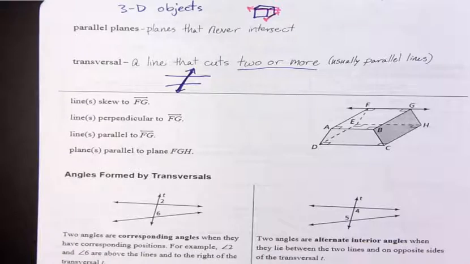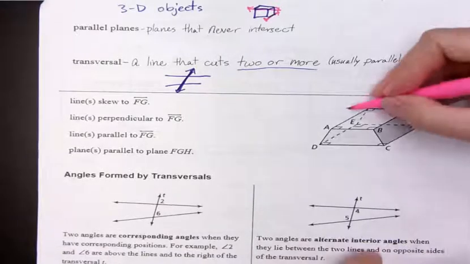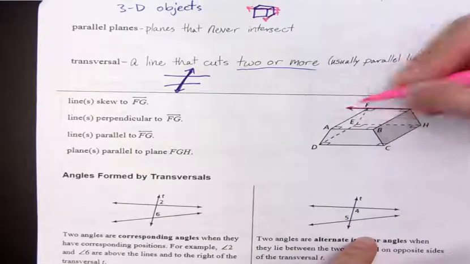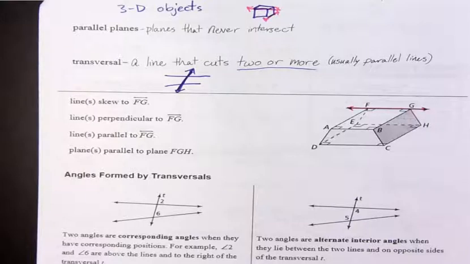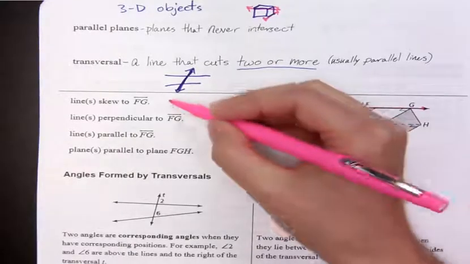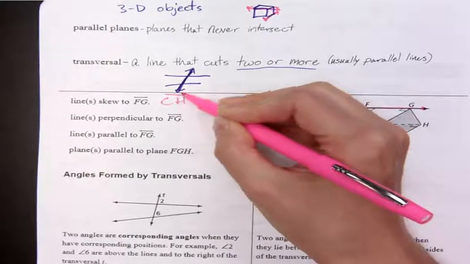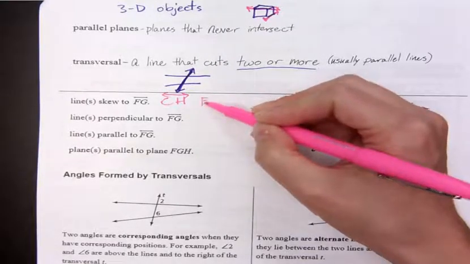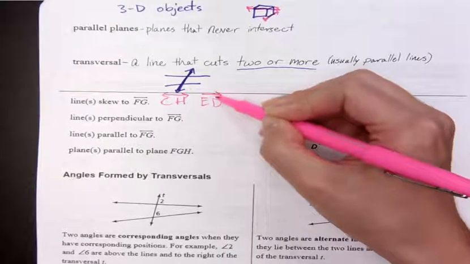So if we look on here, find the lines skew to FG. So here's our FG line. Can anyone find a line that would not be parallel and never touch FG? Yeah, so CH. ED is what I heard. And I thought I heard something else.